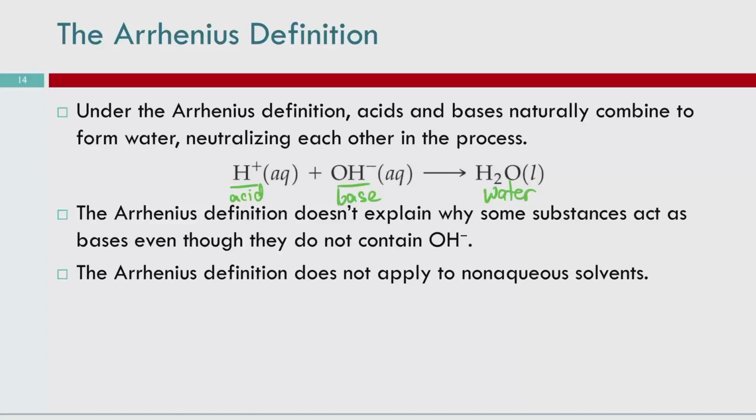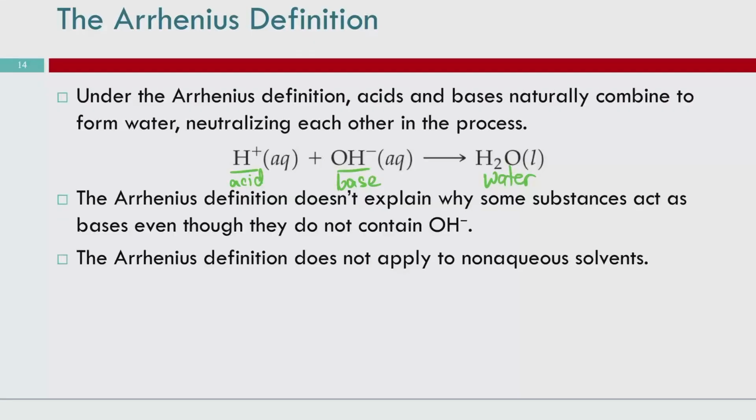So some substances will act as bases even though they don't have OH- in them. And that's a limitation of the Arrhenius definition. Another limitation is that it doesn't apply to non-aqueous solvents. So if you're in something other than water, Arrhenius doesn't work.